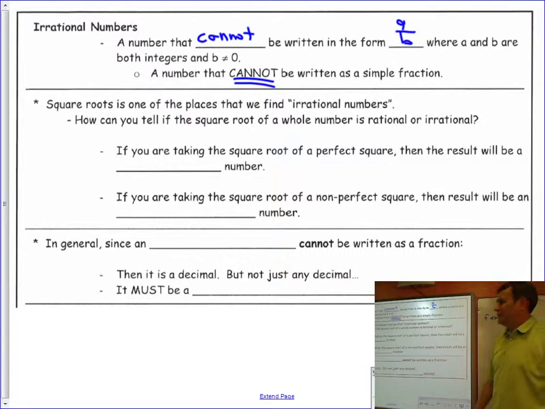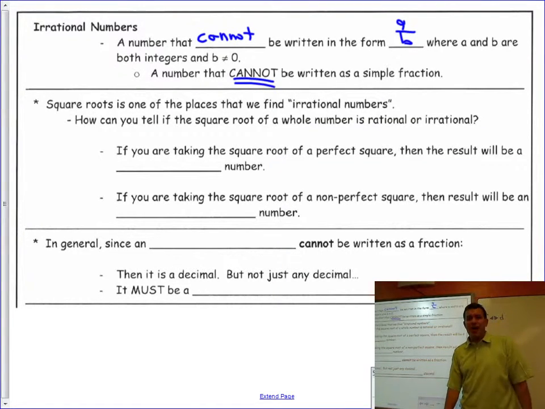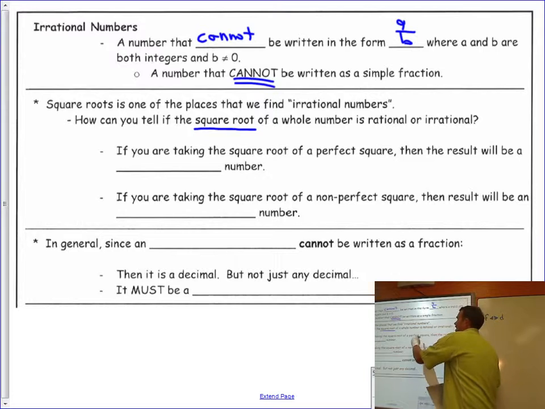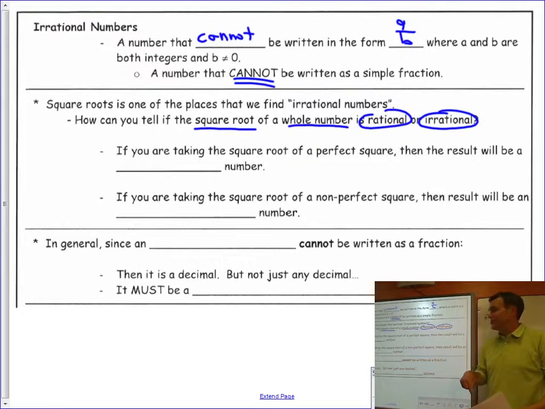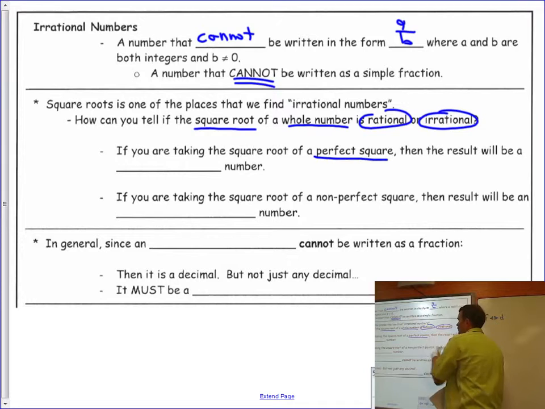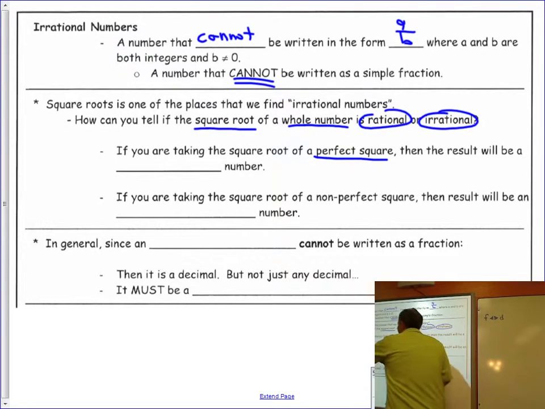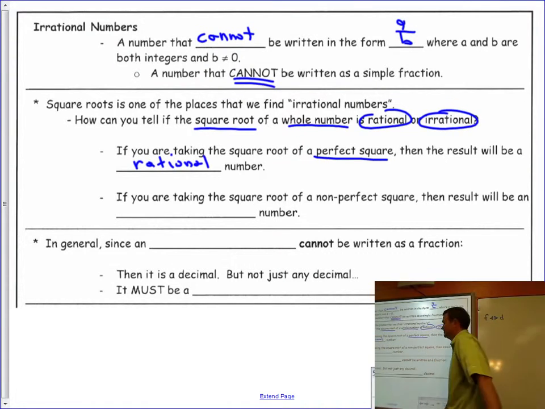All right, square roots is one of the places we find irrational numbers. How can you tell if a square root of a whole number is going to be rational or irrational? Well, we've just gone over this. If you're taking the square root of a perfect square, then you will get a rational answer.